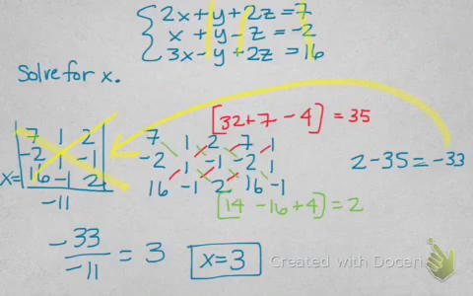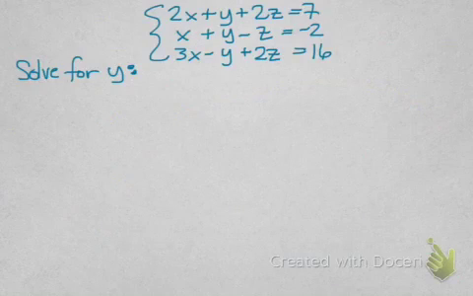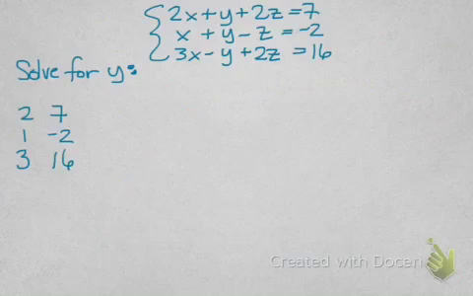Now we need to solve for our y value. With our y value, we're going to take the 2, 1, and 3 and put it there. Then we're going to take our constants, which is the solution, 7, negative 2, and 16, put it in place of y, and then 2, negative 1, 2 for z.